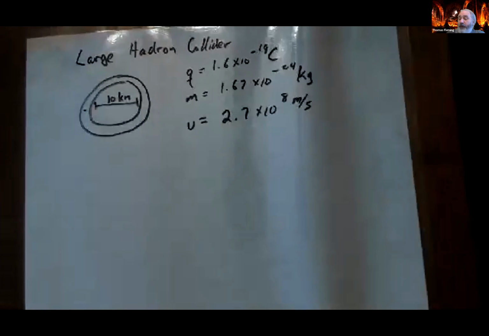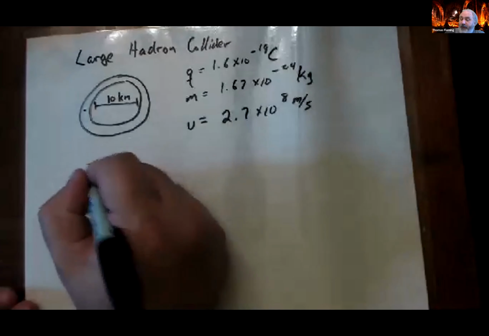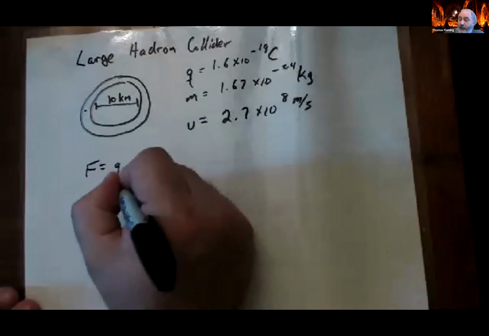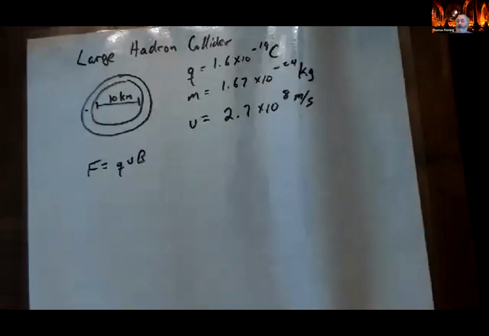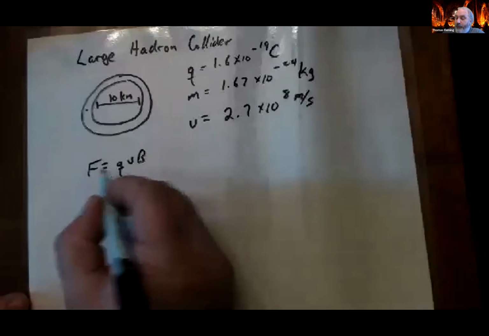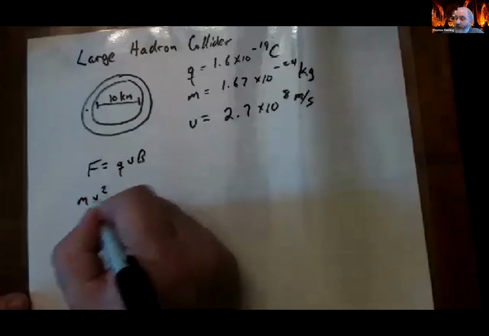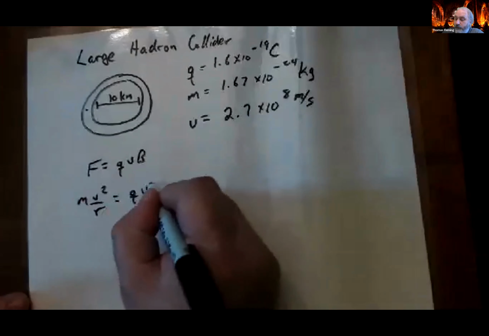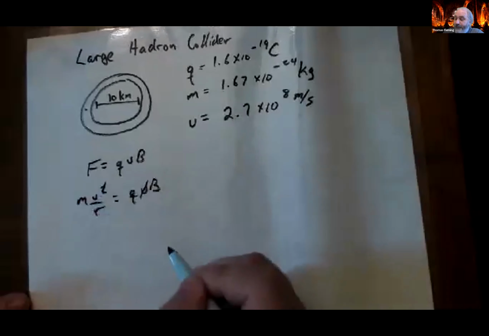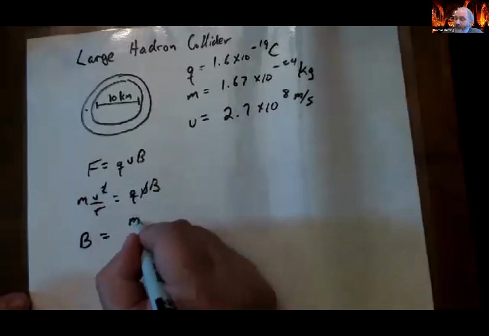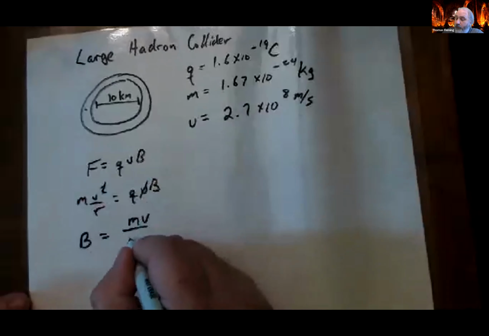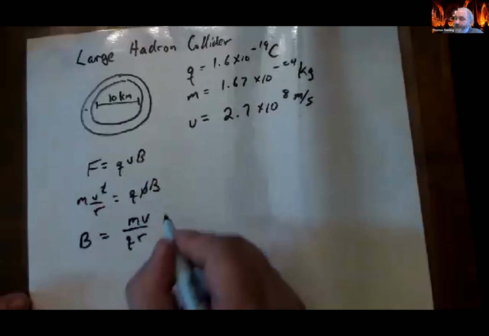Well, we know that, again, the force is qVB. If I keep the magnetic field perpendicular to v, the sine of theta is going to turn into 1, which we can pull off. We're going in a circle, so I can replace F with mv squared over r, right? Again, the v's cancel. And I'm solving for B this time. So the magnetic field I require is going to be m times v over q times r.